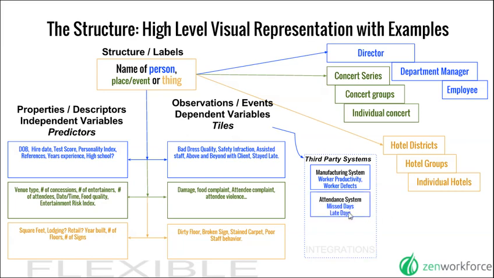So an attendance system. There are companies out there that track missed days and late days, and maybe other things related to the person's attendance, and we could bring that in, and in place of us entering it in this system, it could come in from a separate attendance system.